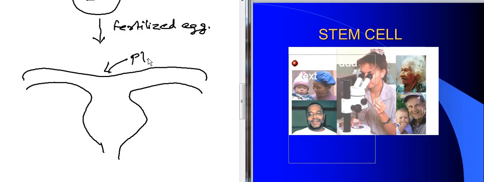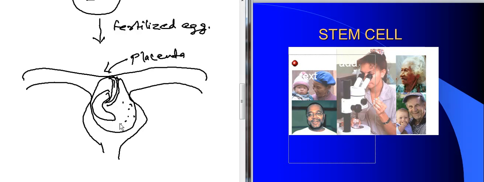This is your placenta, where this fertilized egg gets attached and a baby is connected with the mother through the placenta, and there is a liquid present in it. This liquid is called amniotic fluid.